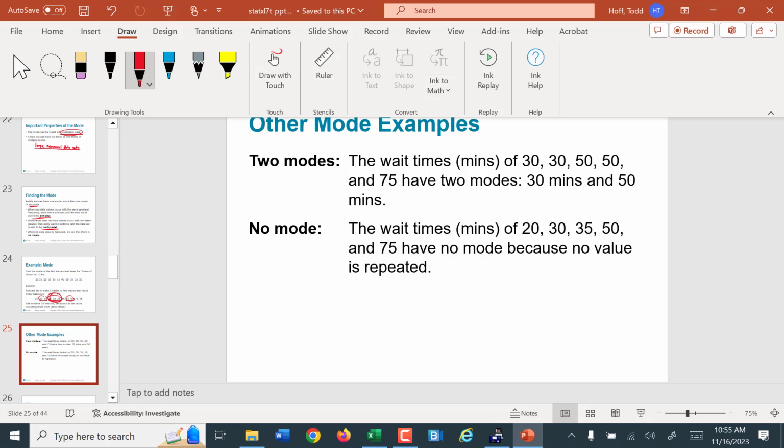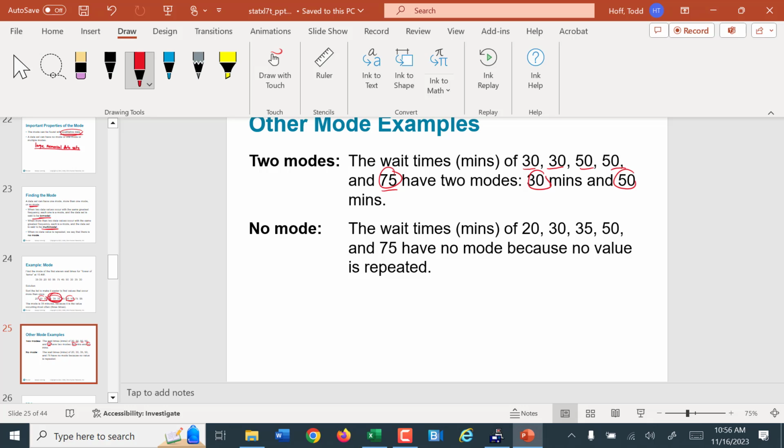If we have two modes, and I kind of disagree with this example, but yeah, 30, 30, 50, 50, and 75. They're saying both 30 and 50 occur twice, so they're the modes. I would say no. 30 and 50 make up all the data points except for one.